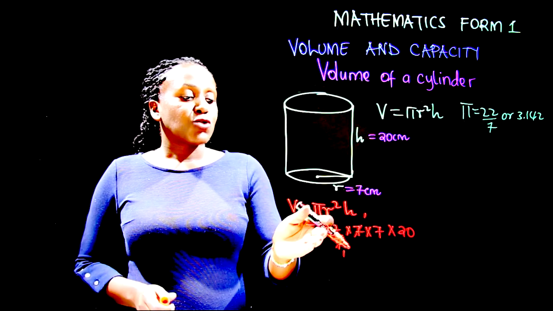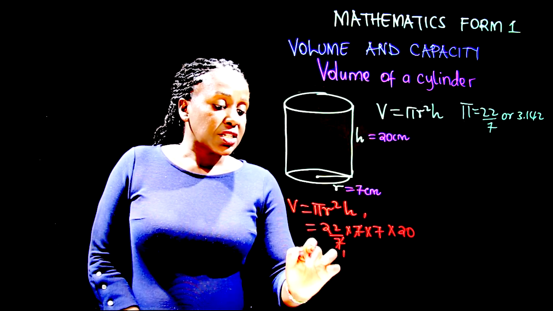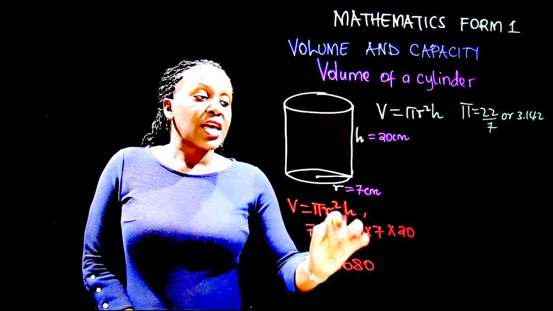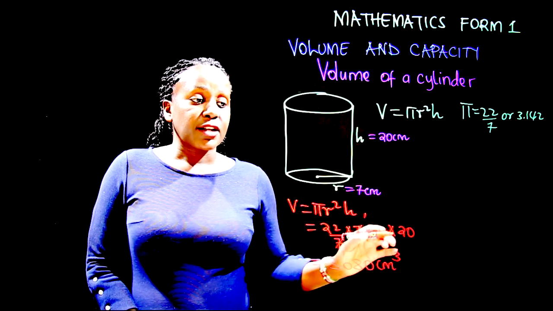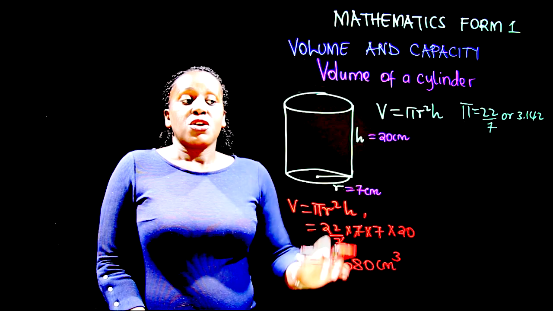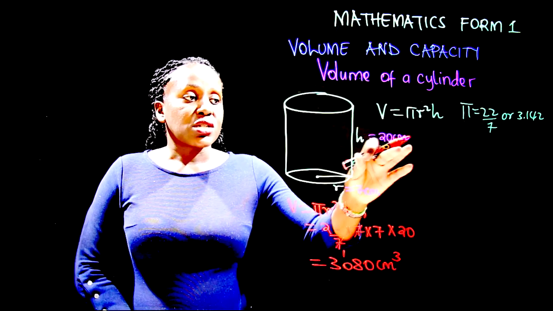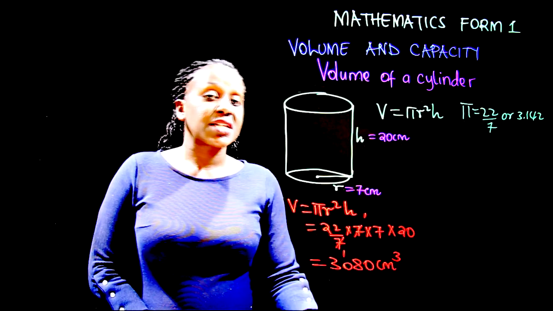So now we have 22 times 7 times 20, which is equal to 3080 centimeters cubed. Remember, we are calculating volume. So since the radius was in centimeters and the height was in centimeters, then the volume will be in centimeters cubed.